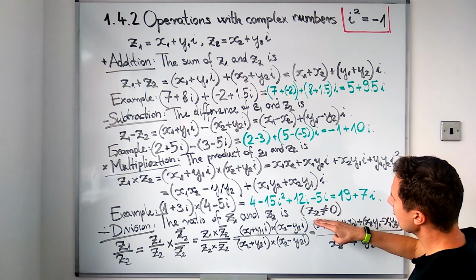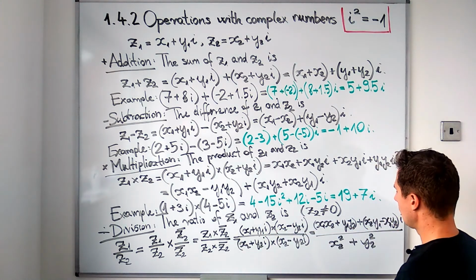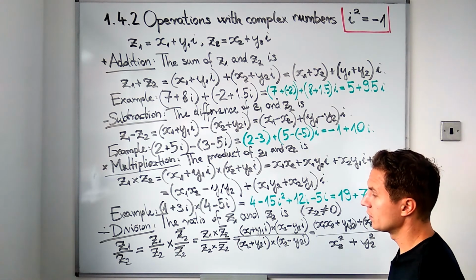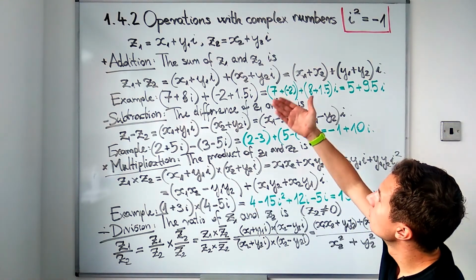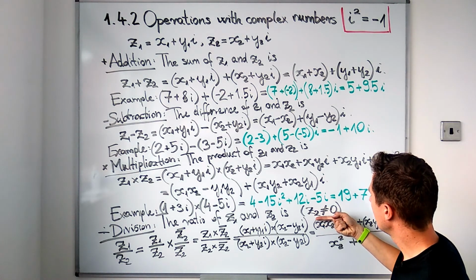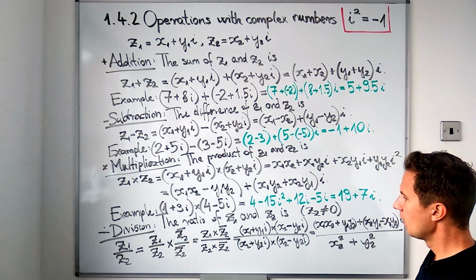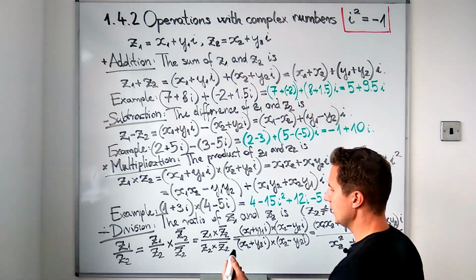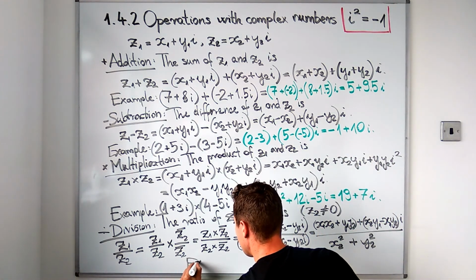So it's not entirely arbitrary when we are dividing by z2. So division among complex numbers is similar to division among real numbers, where we cannot divide by 0. Okay, so the final example I want you to consider is the following.